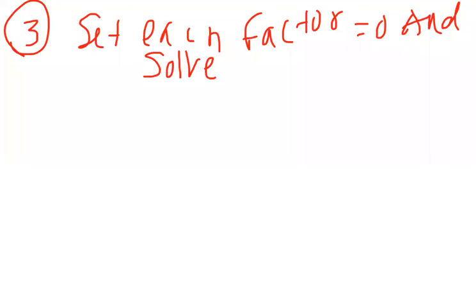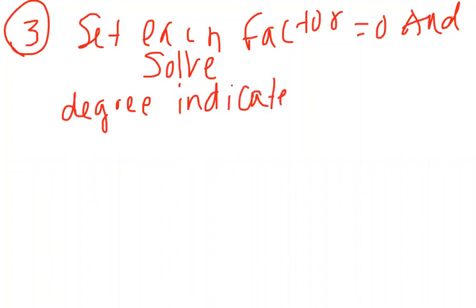Now, guys, here's something you need to keep in mind as you're solving these polynomials. You will see this again. The degree of a polynomial informs you as to the max number of solutions.